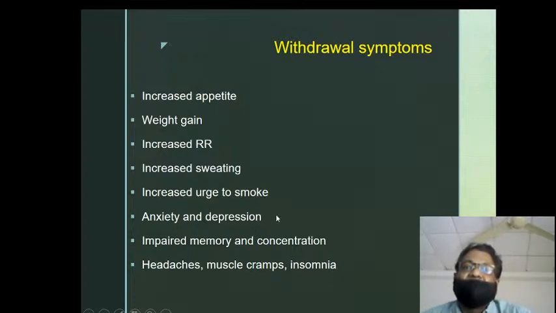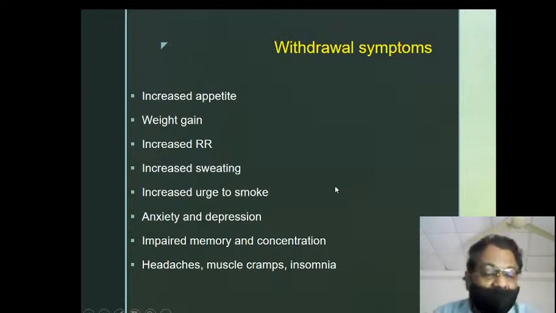The individual develops anxiety, depression, impaired memory and concentration, headache, muscle cramps and insomnia. These withdrawal symptoms are observed in individuals habituated to smoking when they suddenly stop smoking.